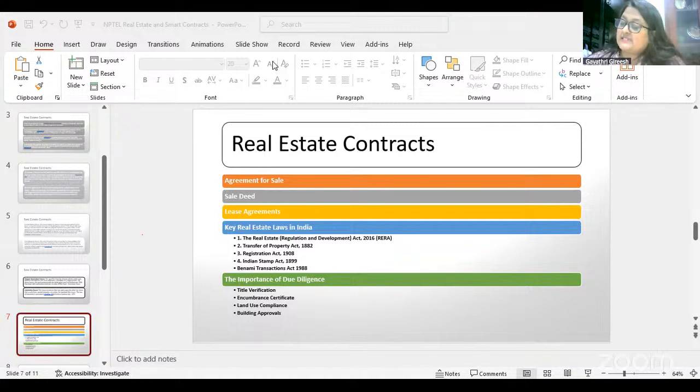Any transaction must have an amount paid as stamp duty, just as you pay tax, or GST when you are trading, or VAT before GST, and your income tax. Like that, the Indian Stamp Act is a kind of revenue generation for the government.